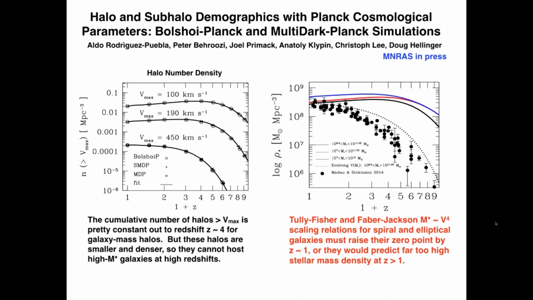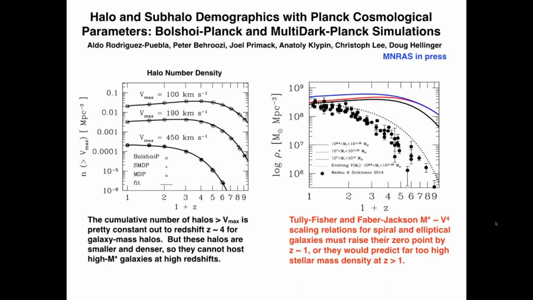And what you can see is that they cannot possibly be right. If you compare with the observed stellar mass density of the universe, the black points, you're already considerably too high, a factor of 2 or 3 too high at redshift 1, 1 plus z equals 2, and an order of magnitude too high at redshift 4.